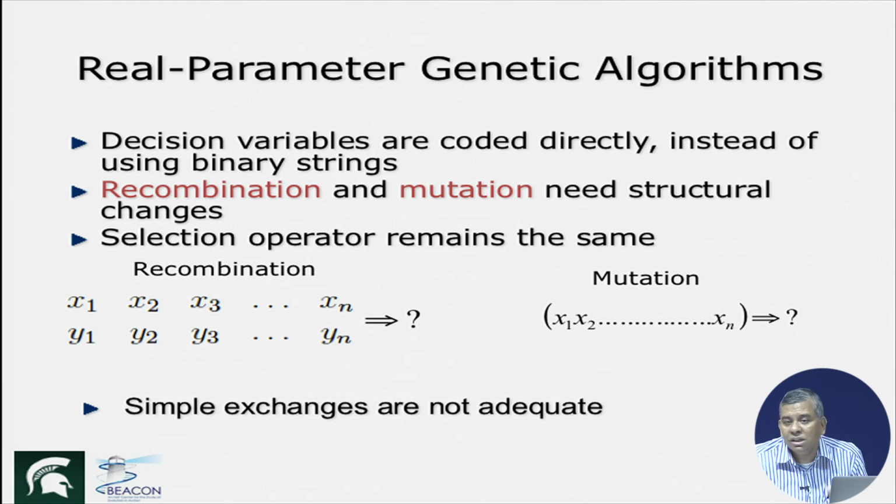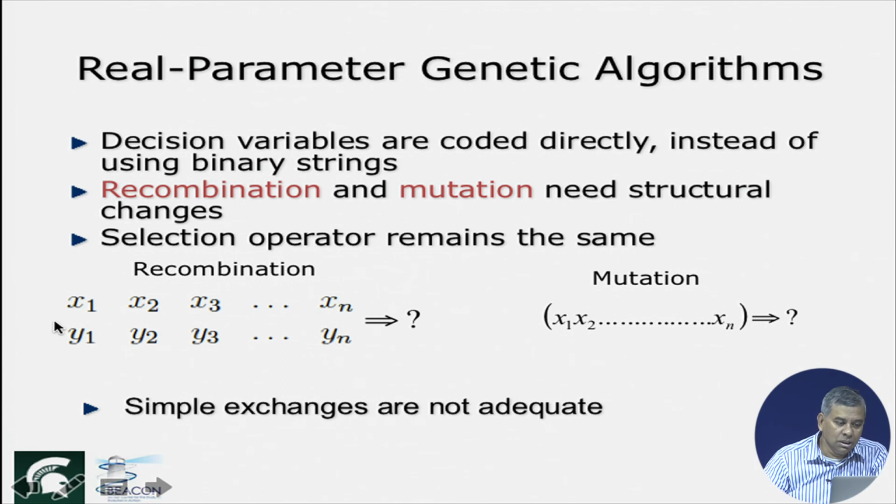Other people may not be using this concept, but this is how we systematize the whole thing. And in all our codes, this is what is followed: with probability 0.5, we go variable by variable. We decide whether to cross a particular variable. If we have to cross, then we use blend or SBX or whatever. Okay? If we don't have to cross, we just keep it intact and move to the next variable. Clear?